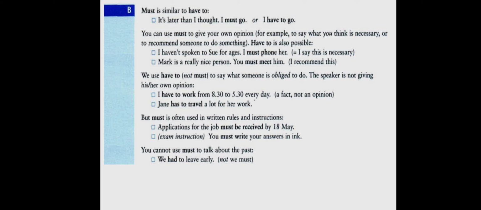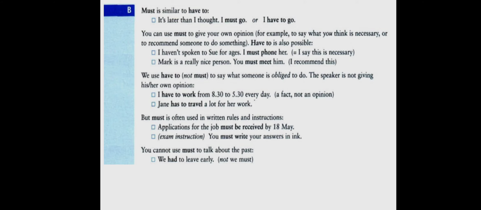So applications for the job must be received by 18th May. This must be written in the advertisement for the job. It is a written rule. So the rule is written here. So we find the rule written by using must.